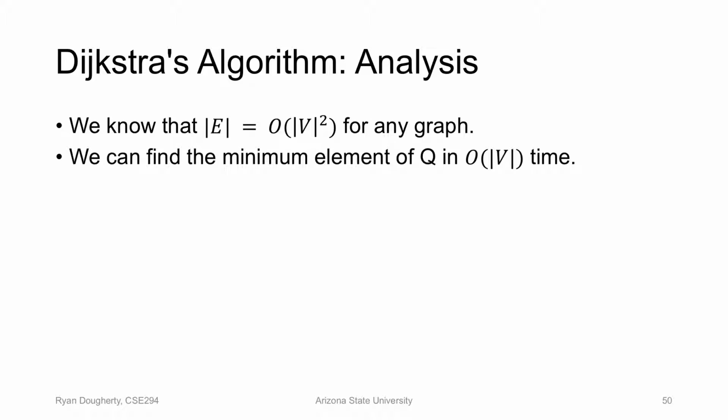So we can find the minimum of some set or list Q in the number of vertices time, right? The first time I just search through the list of vertices until I find one that has the smallest distance, right? Because you can find the minimum in linear time. So we can certainly do this in linear time. Could we do better? Find the minimum?